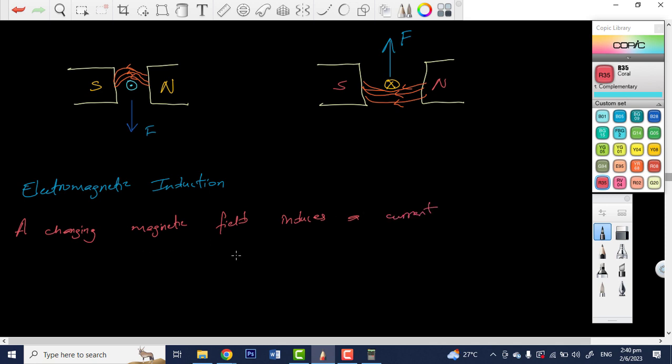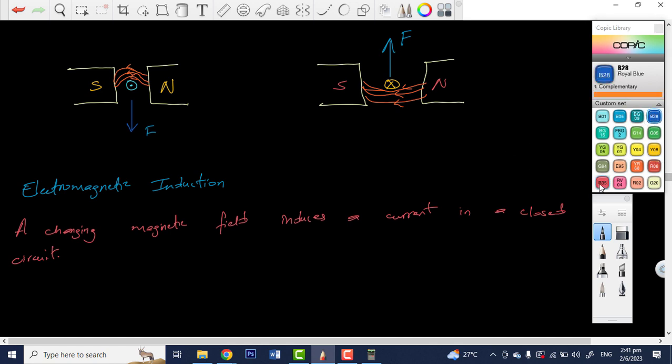Right? That's the basis of electromagnetic induction. We see that whenever we have a change in magnetic field, it will induce a current. Right? And more so, or let me say, a current in a closed circuit. Because really and truly, it induces an EMF. Right? And that EMF now, once we have a closed circuit, we get a current. So a change in magnetic field induces a current in a closed circuit. Right? That's the basis of electromagnetic induction.